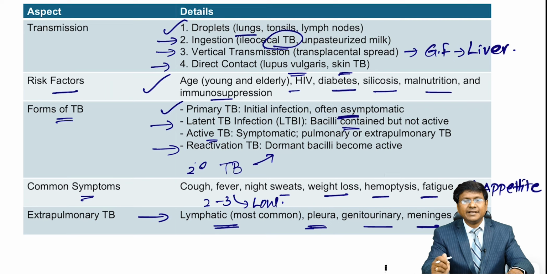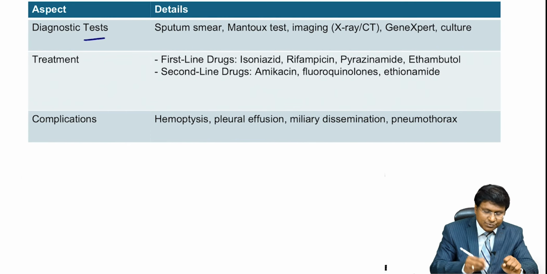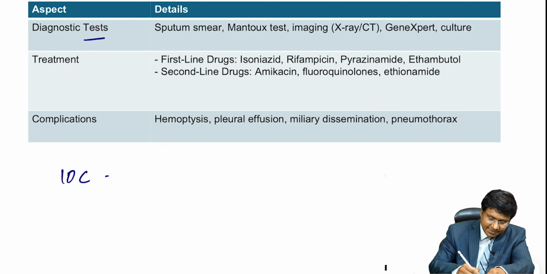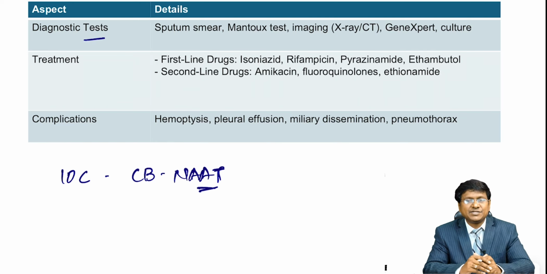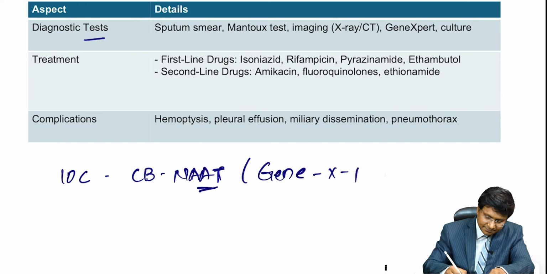Followed by that, there can be genitourinary tuberculosis, or there can be development of tubercular meningitis as well. Then how will you diagnose these patients with tuberculosis? The investigation of choice will be CBNAAT, that is cartridge-based nucleic acid amplification test, and this we call the GeneXpert.